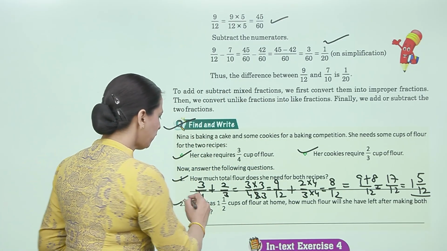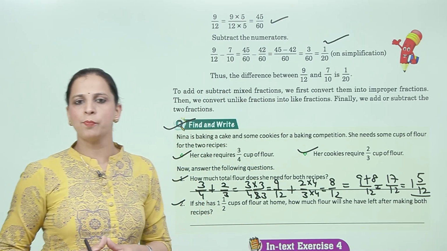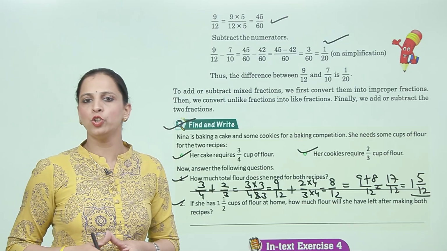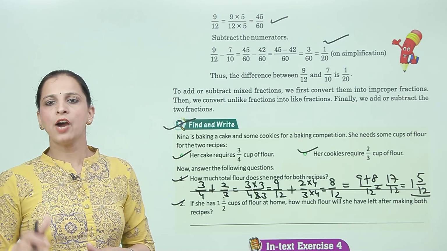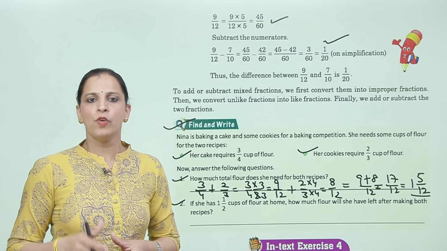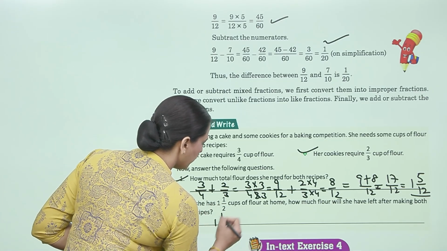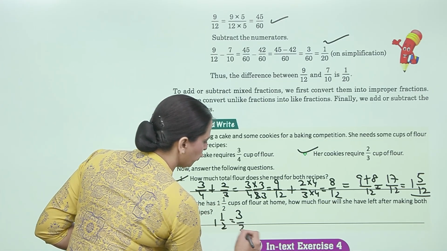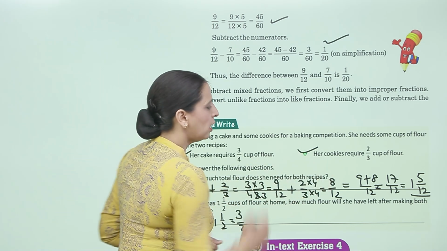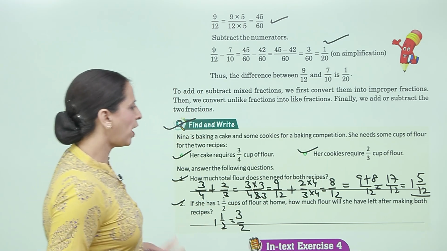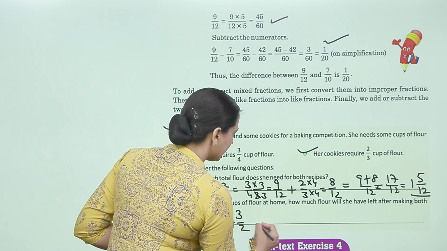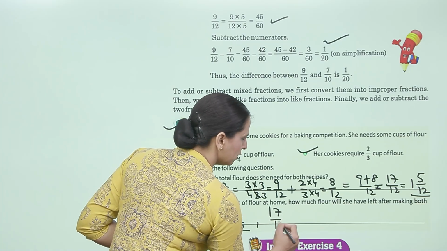Now second, if she has 1 and 1 by 2 cup of flour at home, how much flour will she have left after making both recipes? 1 and 1 by 2, that is 2 ones are 2 plus 1 is 3 by 2 flour she has, and how much she required? 1 and 5 by 12, so that is 17 by 12.